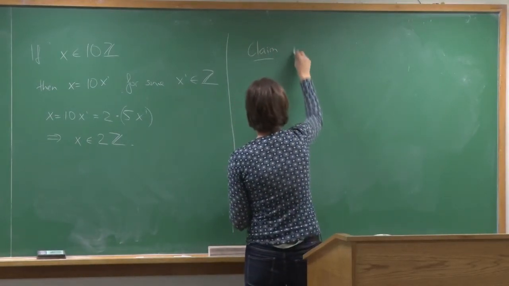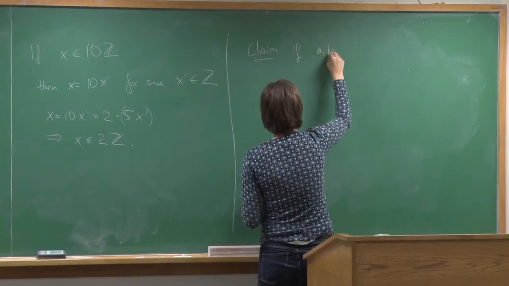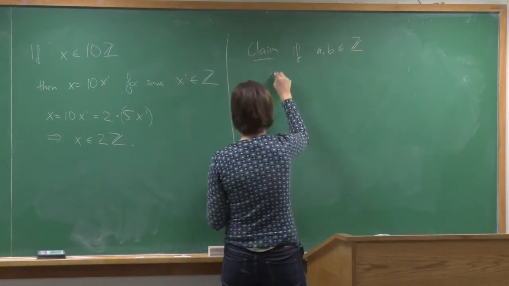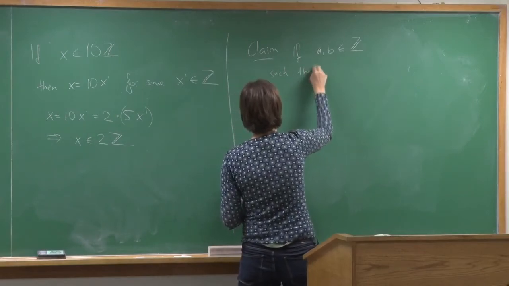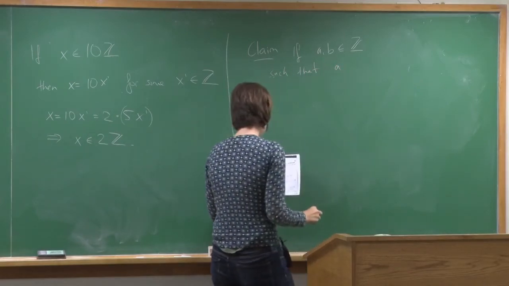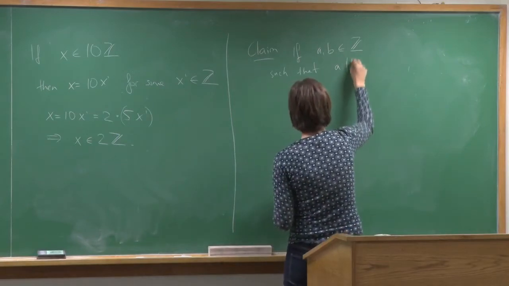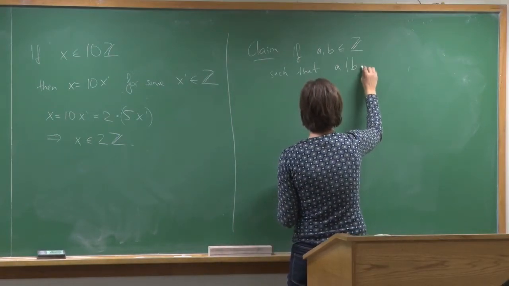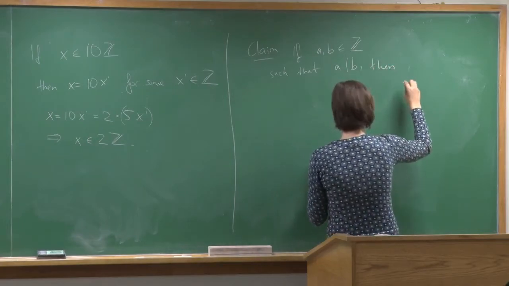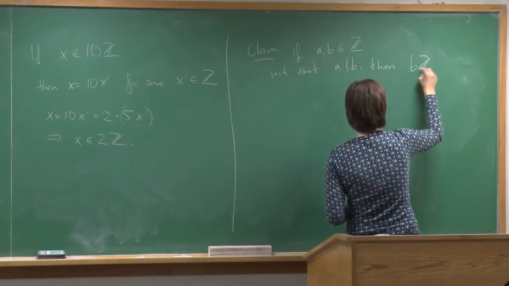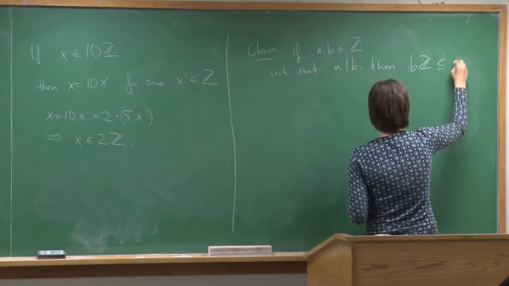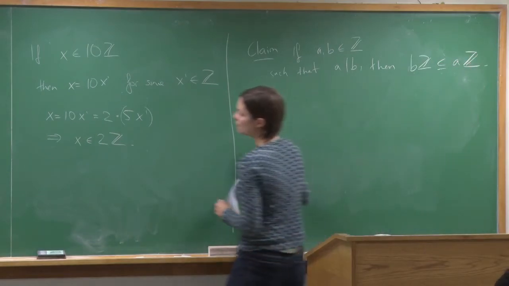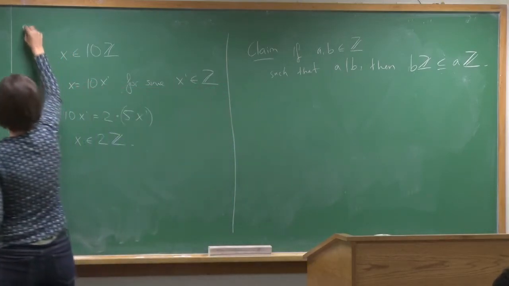If we have two integers, a and b, such that a divides b, then the multiples of b will be a subset of the multiples of a. So this was a proof.